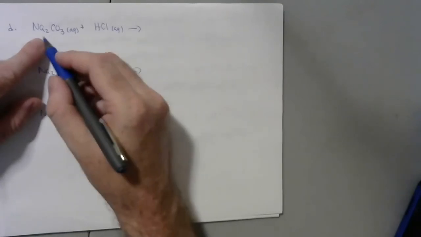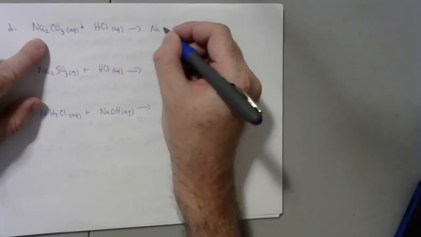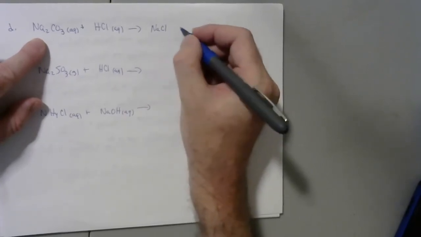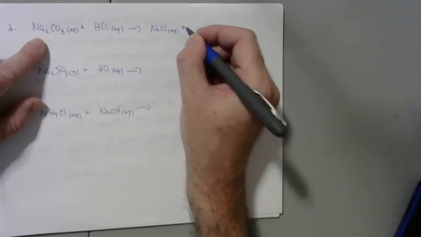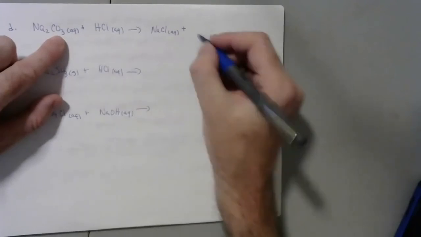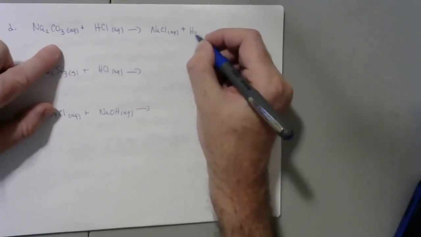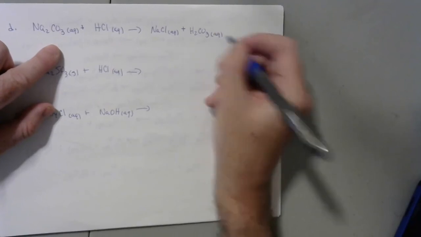And so we're going to form it indirectly. So let's just do the double displacement. Sodium's going to go with chloride, so you're going to get NaCl, like always. That's a water-soluble salt. But then hydrogens go with the carbonate. That's a -2. That's a +1. So you would form H2CO3, aqueous.